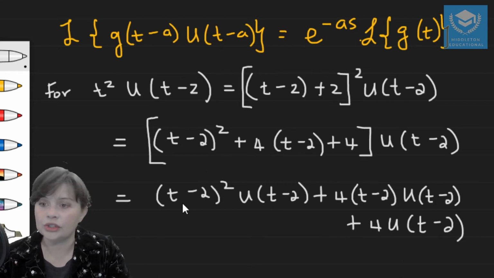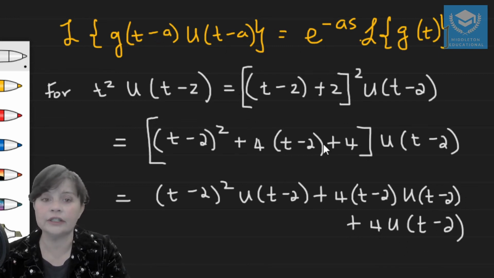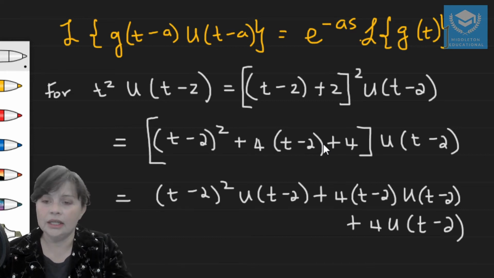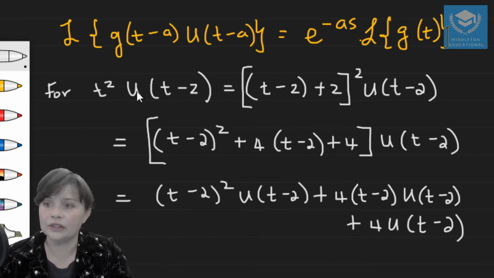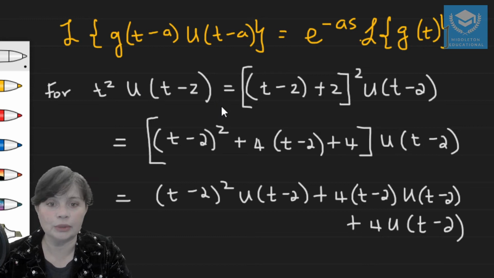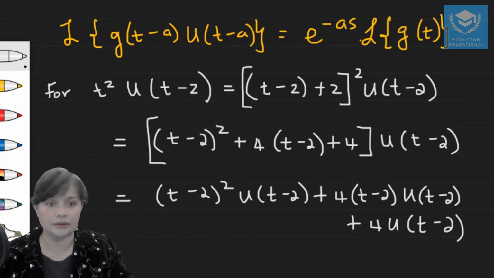So you'll see here, look at the first term: you've got t minus 2 and you've got t minus 2. The second term, t minus 2 and t minus 2. And the third term is just going to be the first formula. So let's take the transform of this t squared u of t minus 2, because then we can just substitute everything back into the original equation.